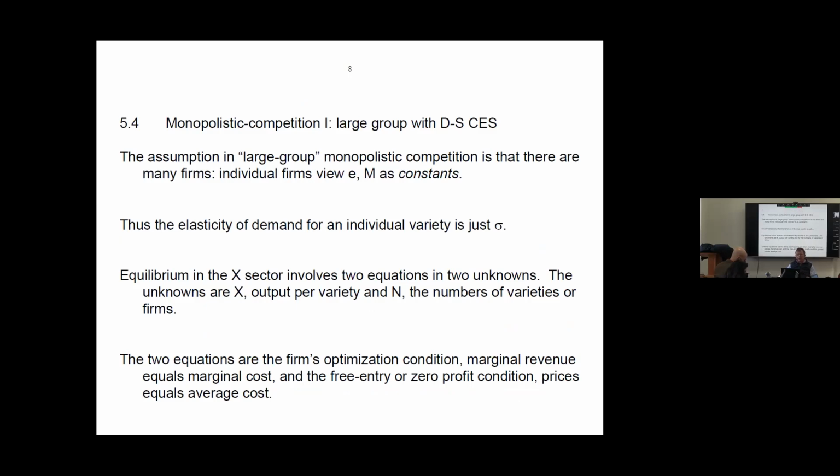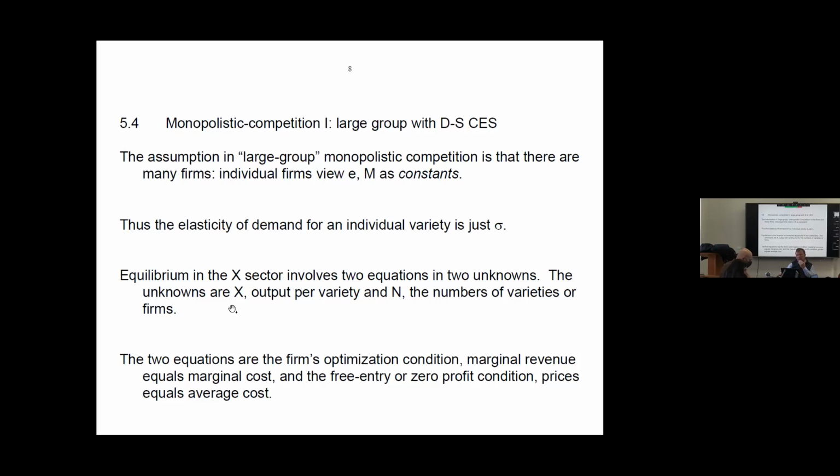The large group assumption is that there are many firms, so individuals view E as constant. The other way of explaining exactly the same thing is that S, the market share of an individual firm, is going to 0. So the elasticity of demand for an individual variety is just sigma.